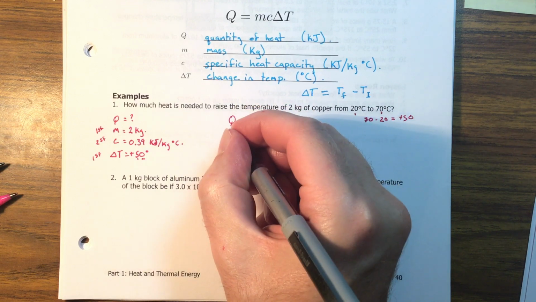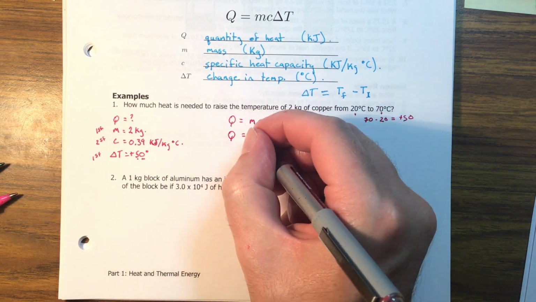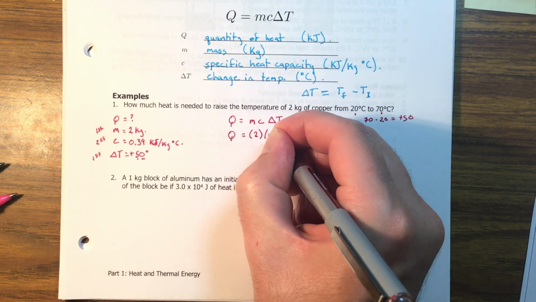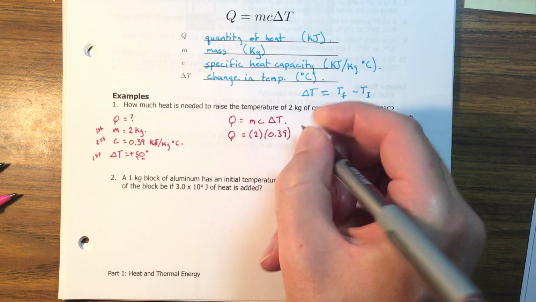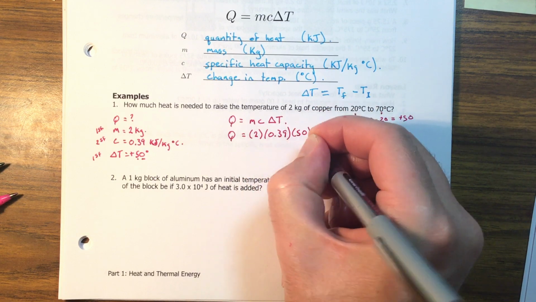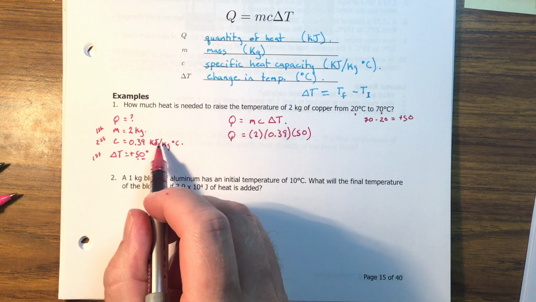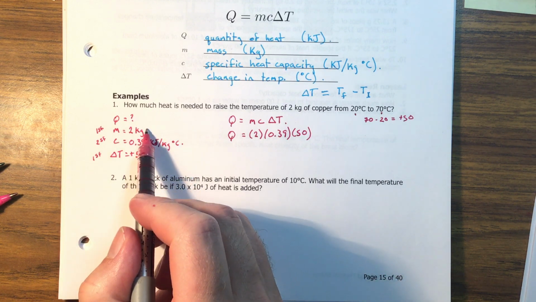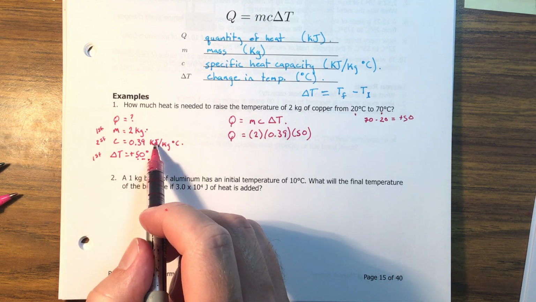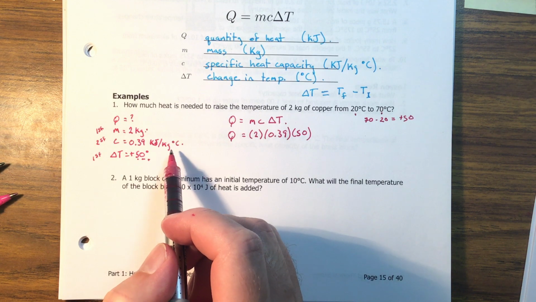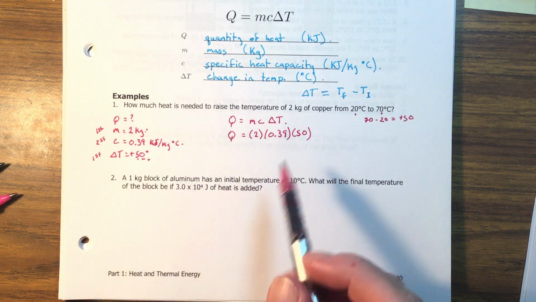So let's do that. So Q is equal to M, so that's 2 kilograms, times 0.39 times 50. And this is all in the correct units. This is kilograms, this is degrees Celsius, this is kilojoules per kilogram degrees Celsius.